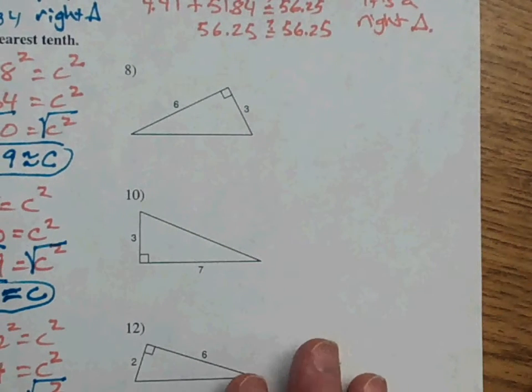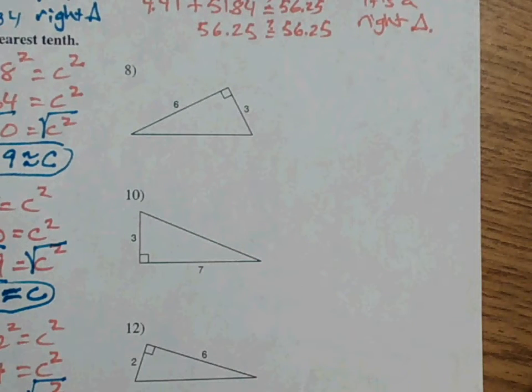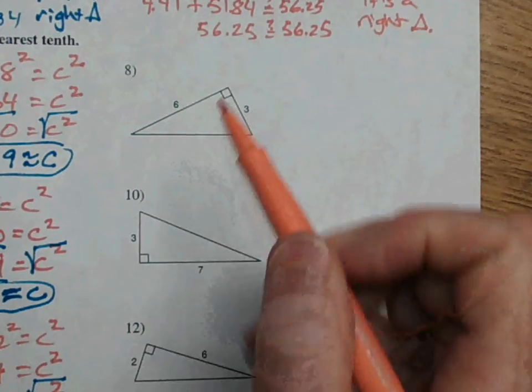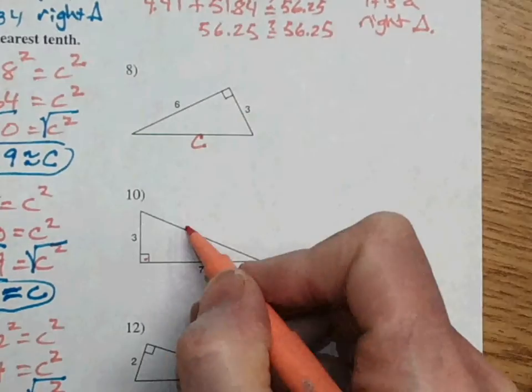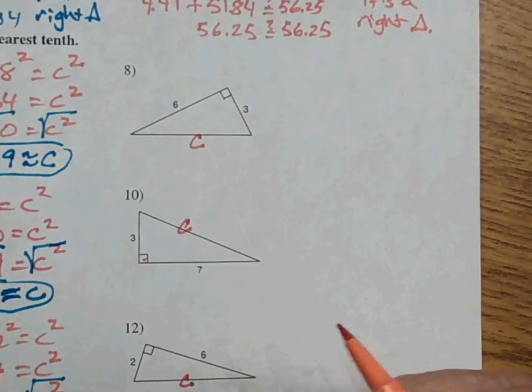So now, again, we're trying to find the hypotenuse. It turns out we're trying to find the hypotenuse on all of these. I was trying to mix it up on you, and I guess I didn't mix it up very well. It looks like we're trying to find the hypotenuse every single time.